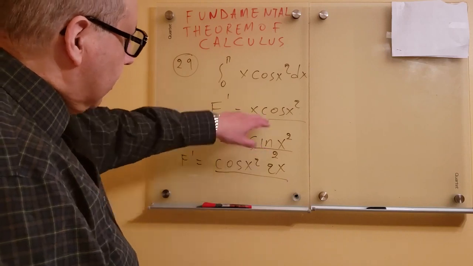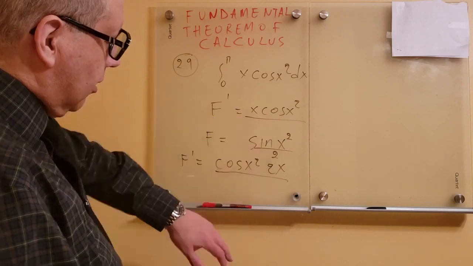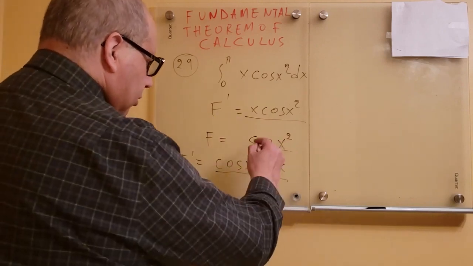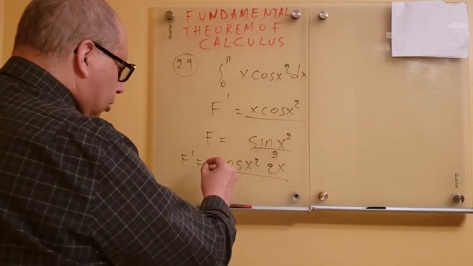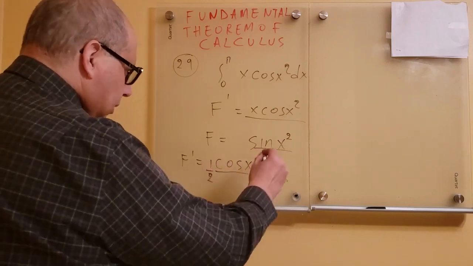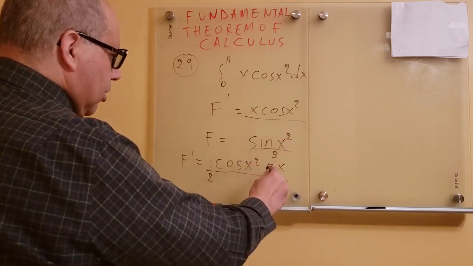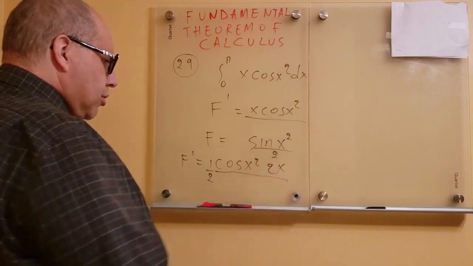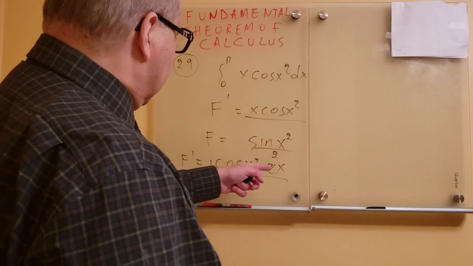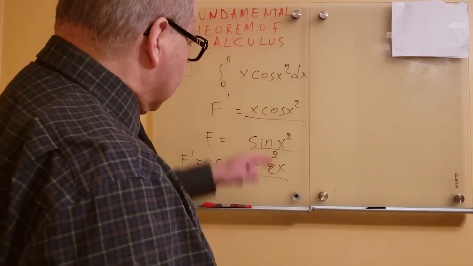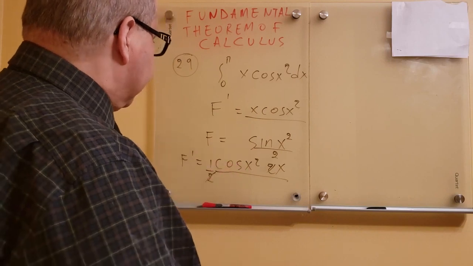Now, just to confirm it, if you take the derivative of this with respect to x, you can take the 1/2 outside, and the derivative of sine x squared is equal to cos x squared times the derivative of x squared, which is 2x. So you see this cancels, so you have x cos x squared, which is what we have here. So this here is the antiderivative.